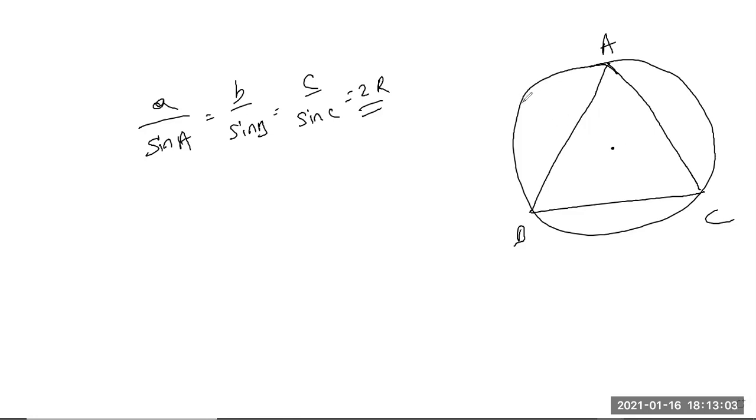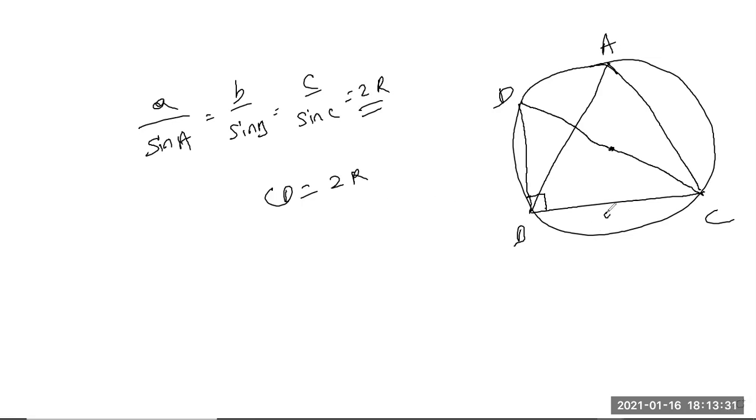If I draw another triangle that passes through this, and suppose this is a right angle, and CD is the diameter of the circle, which is twice the radius, right?